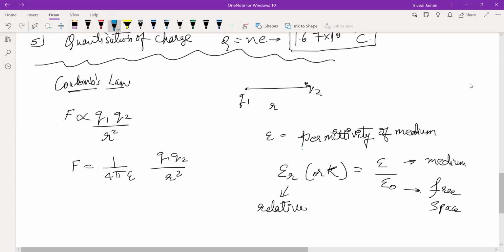In simple terms, permittivity means stored energy, how much potential it can store. Or write like this, we can say the ability to store potential.